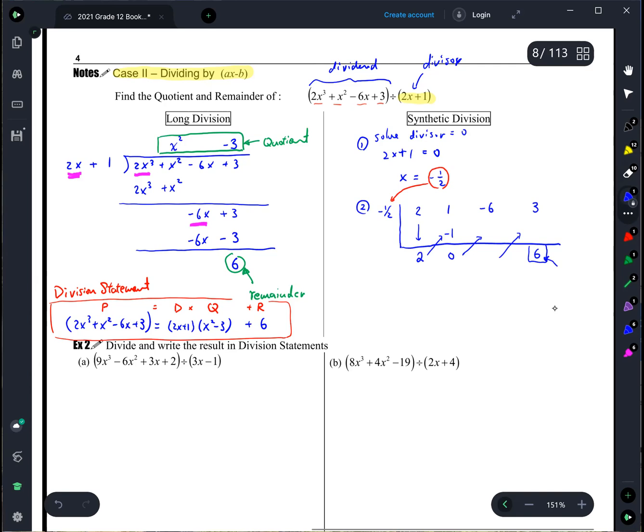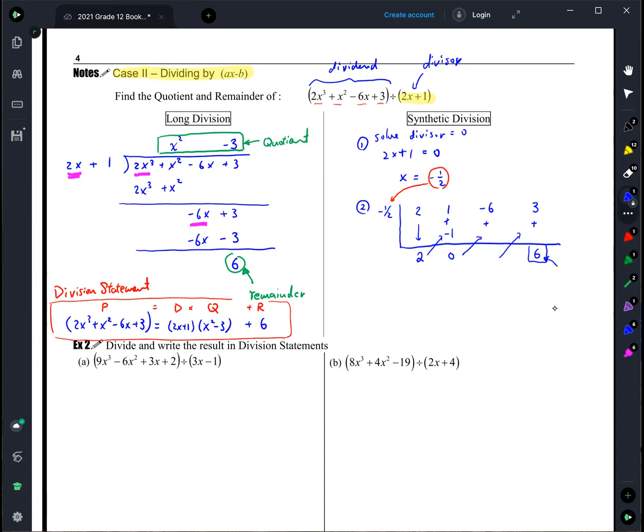This process, I just call it crossover and then add. Crossover and then add, crossover and add. So instead of subtracting, we are adding here.